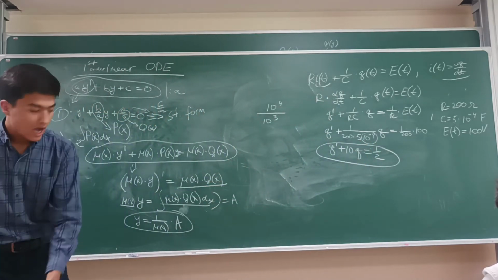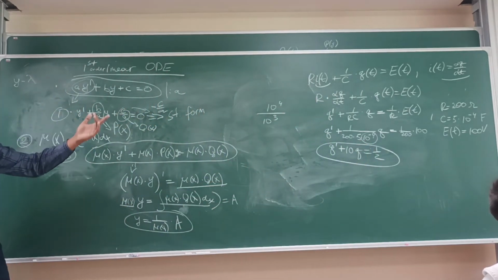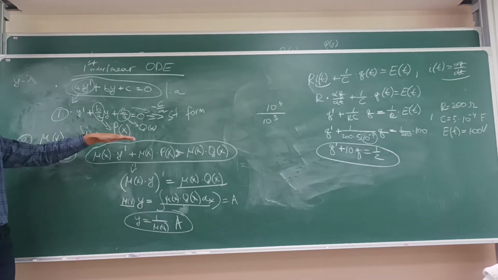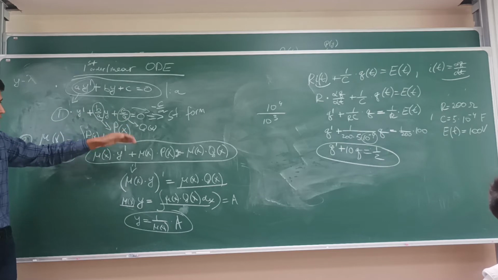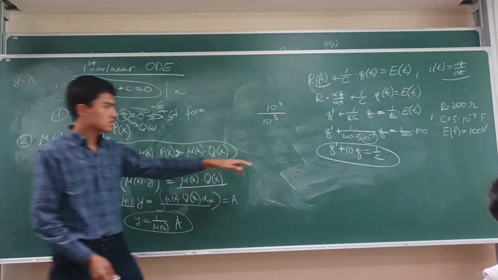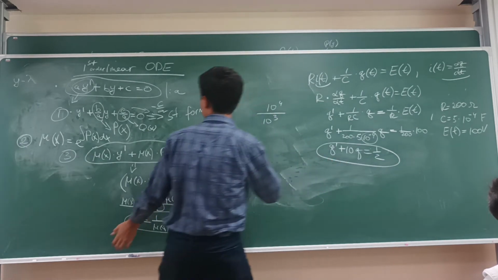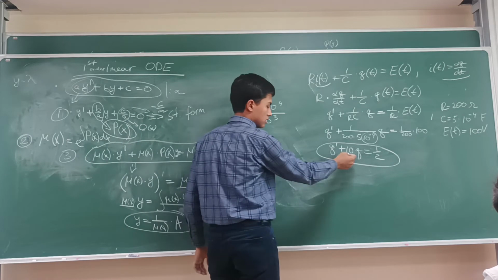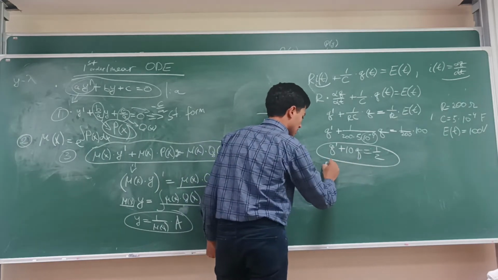So this is our standard form. And as in the separable case, sometimes you see that p(x) and q(x) can also be constants. So in this case, our p(x) is going to be 10.